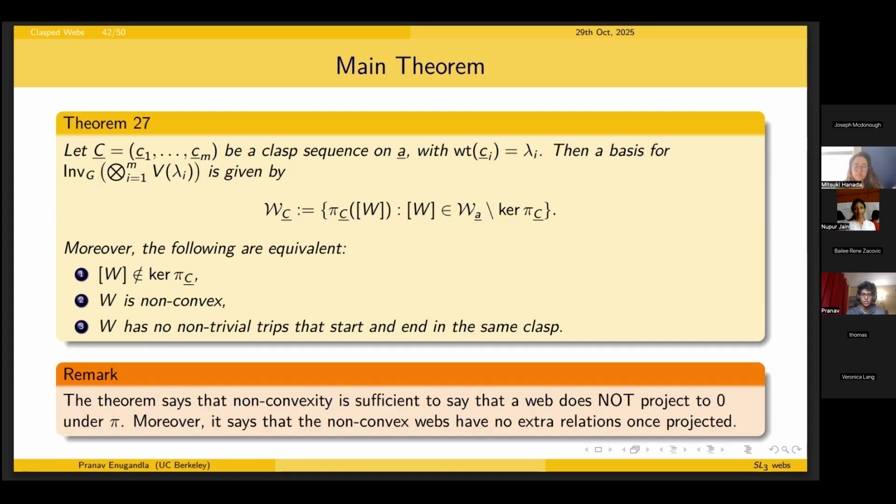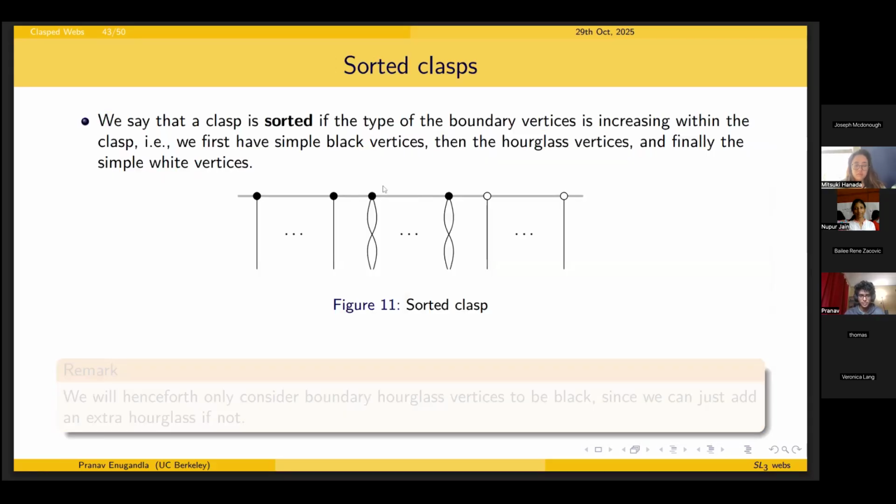So yeah, the content of this theorem is, as long as a web doesn't project to zero, so it's non-convex, then this actually is a basis element for my invariant space. We also have a different combinatorial criterion when our clasps look nice.